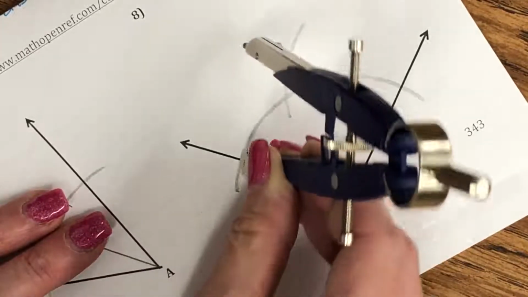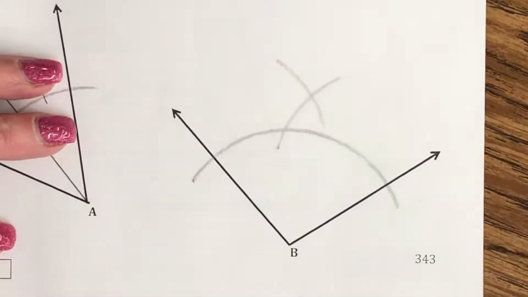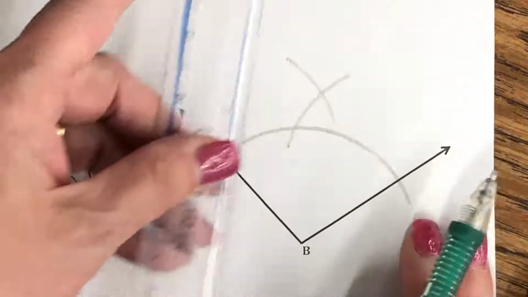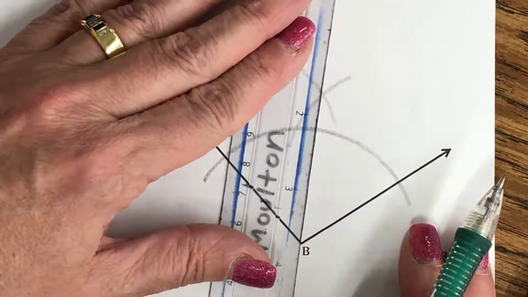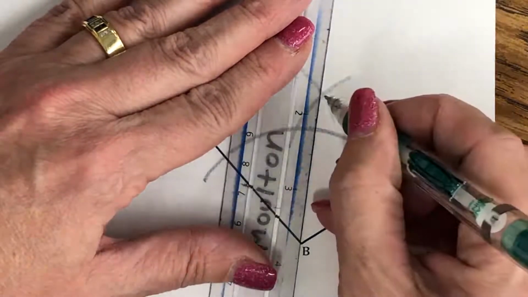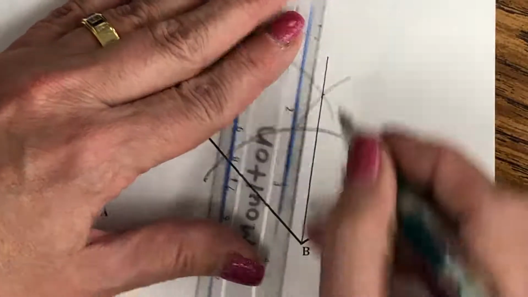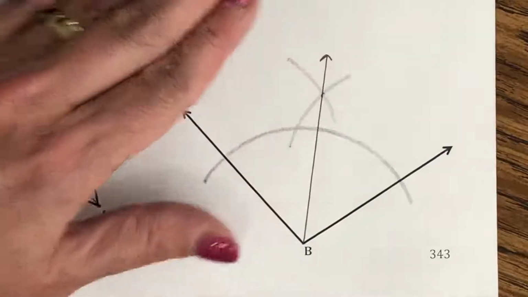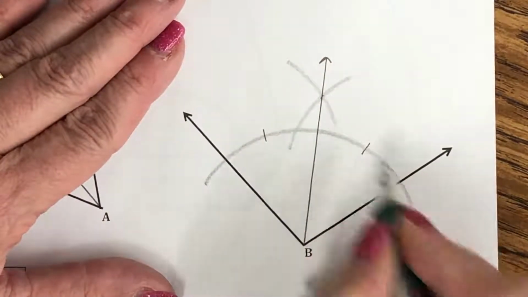Using this point, make an arc inside. And now we connect the vertex to that new point that we just created. Showing that this angle has the same measure as this angle.